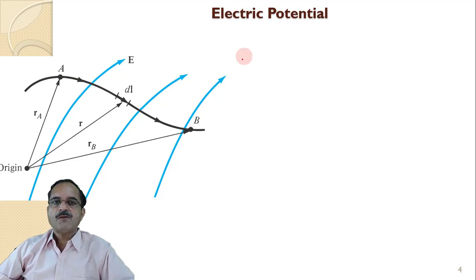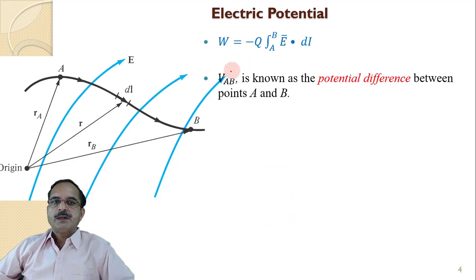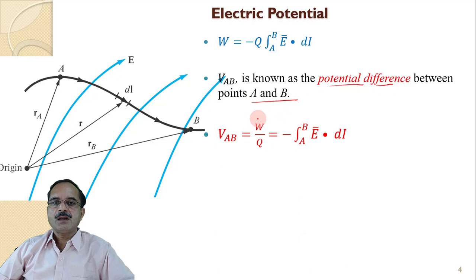Now let us define what is electric potential. Electric potential, also known as the potential difference between points A and B, is defined as work done per unit charge. From the previous equation, W is minus Q integral A to B E dot dl.